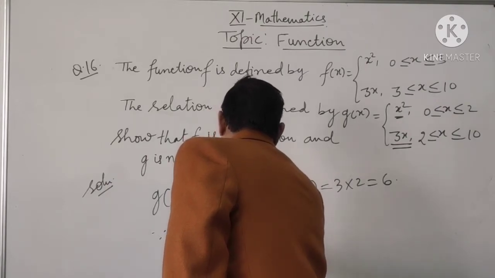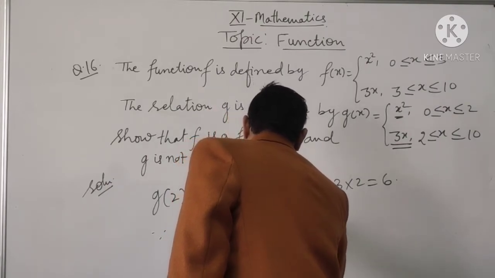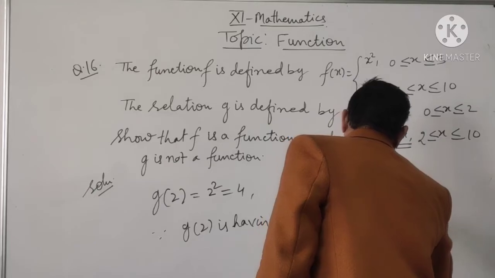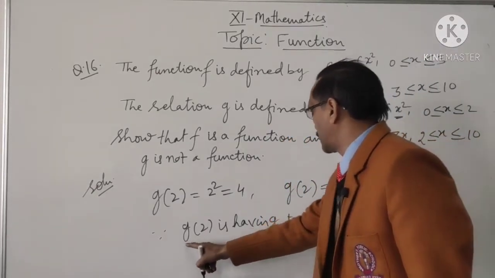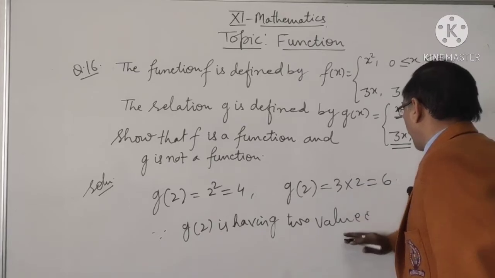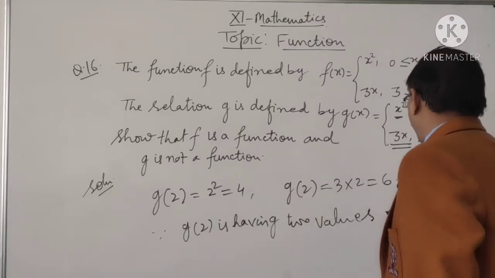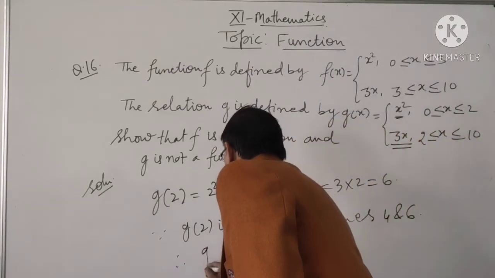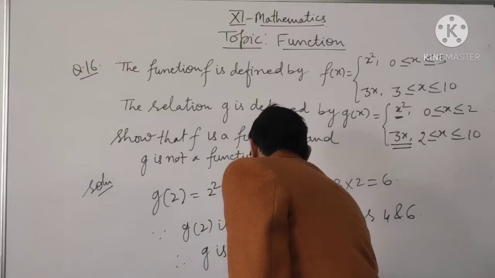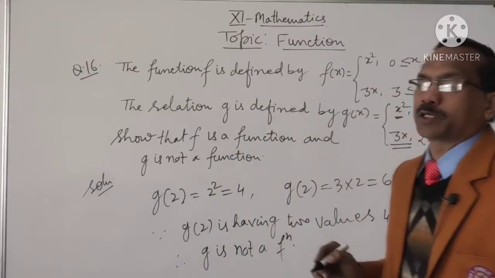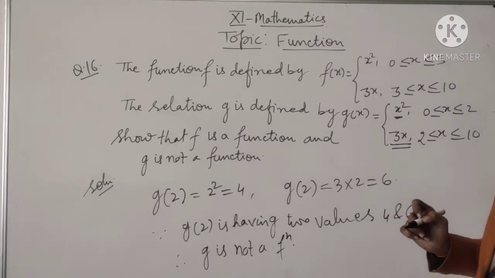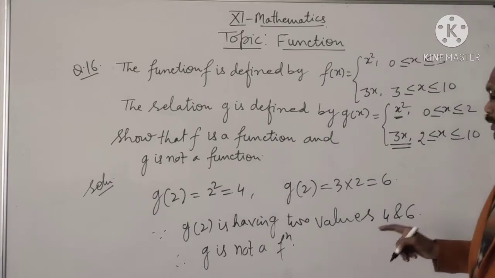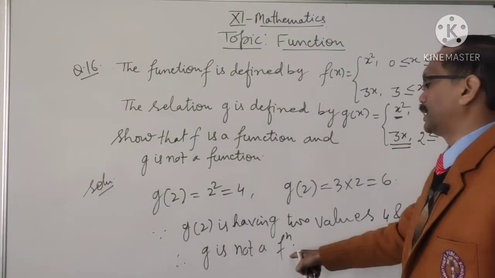Since g(2) is having two values, 4 and 6, therefore g is not a function. According to the definition of a function, each and every value of x has a unique image in f(x) or g(x). So since it is having two images, g is not a function.